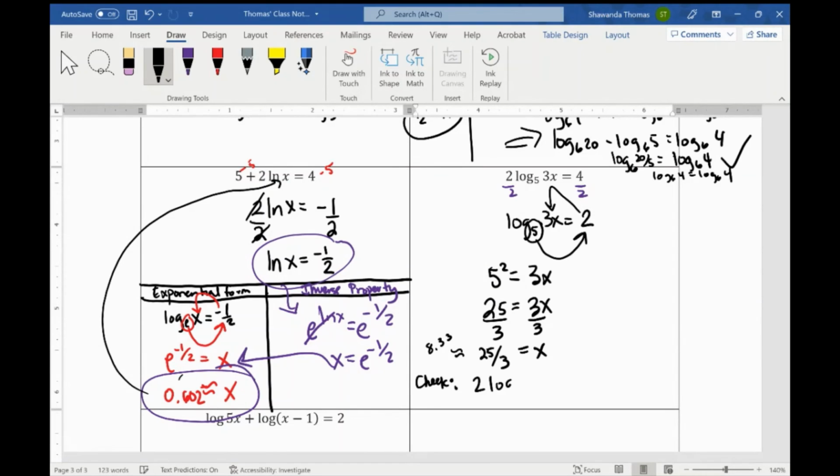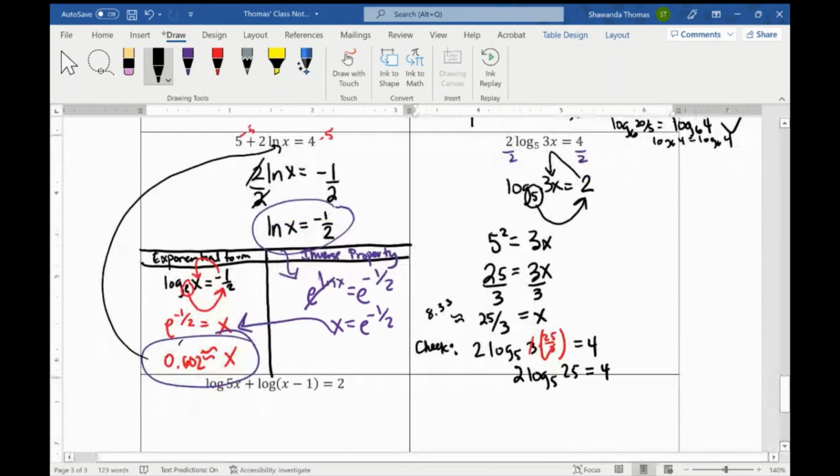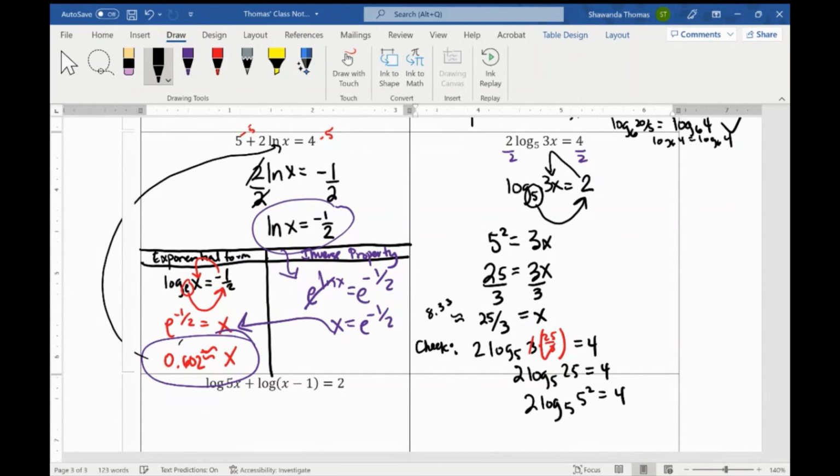We have 2 times log base 5 of 3, times 25 over 3, in parentheses, equals 4. Then the 3's cancel. We have 2 times log base 5 of 25 equals 4, which is 2 times log base 5 of 5 squared equals 4. Interesting.